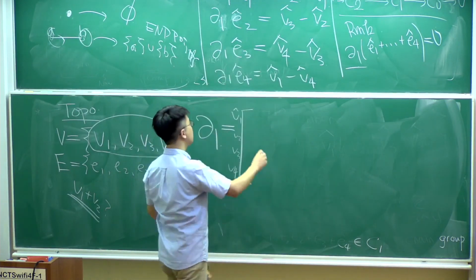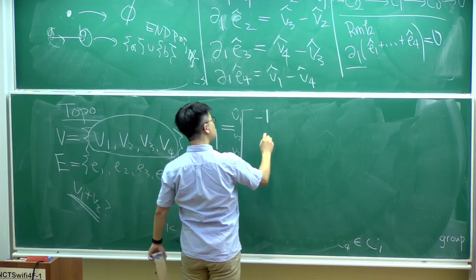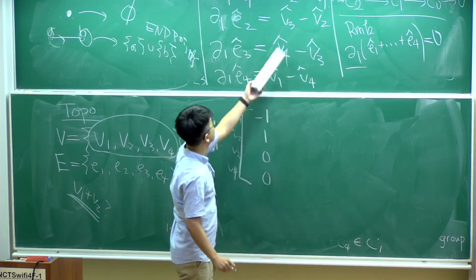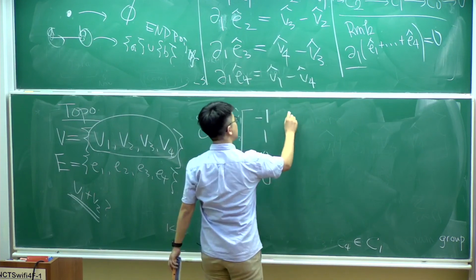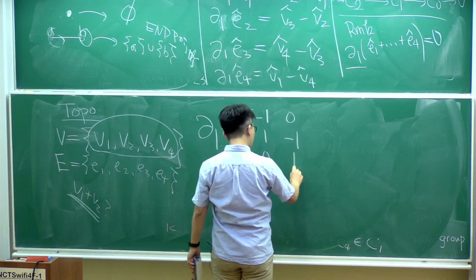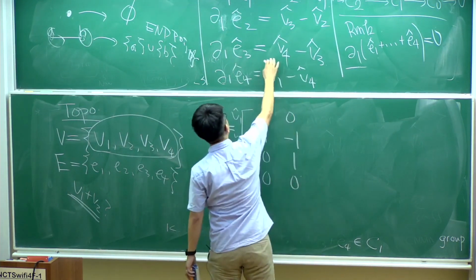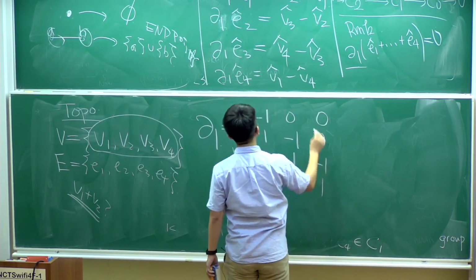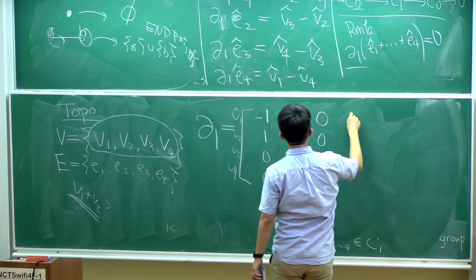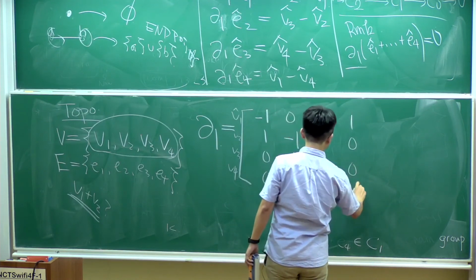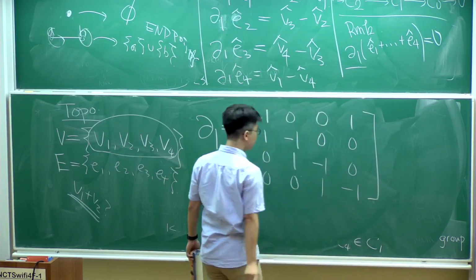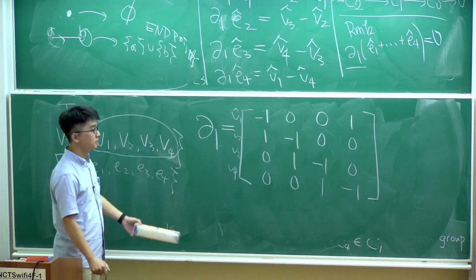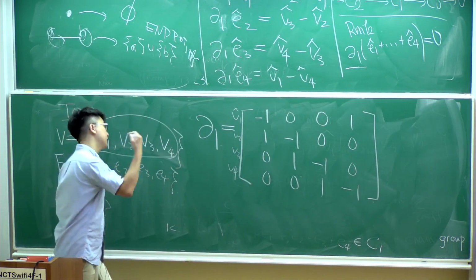The first column will be negative 1, 1, 0, 0. The second column will be 0, negative 1, 1, 0. Column 3 will be 0, 0, negative 1, 1. And the last one will be 1, 0, 0, negative 1. That's the boundary map written as a matrix.